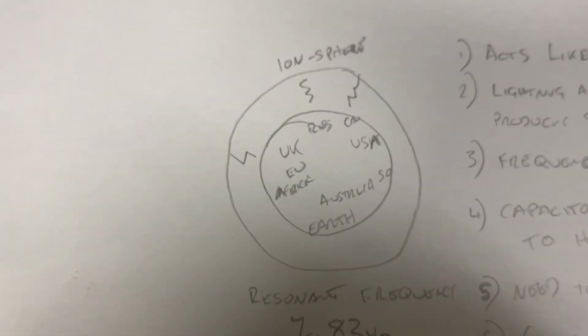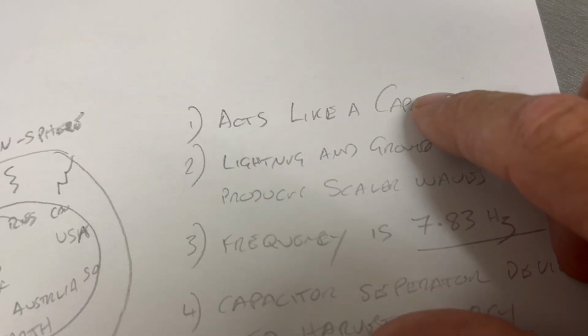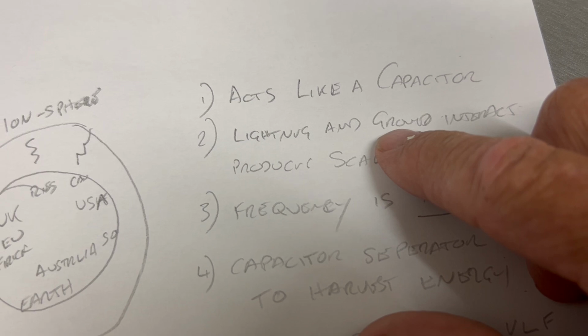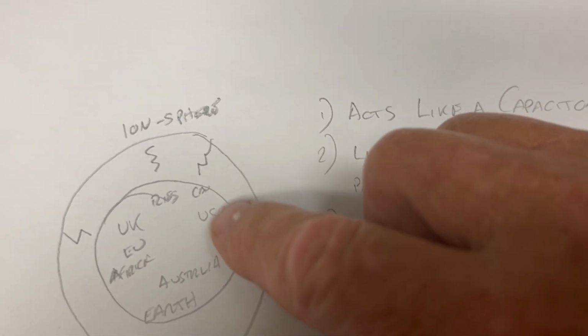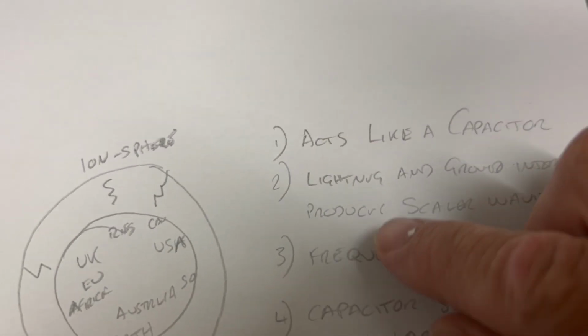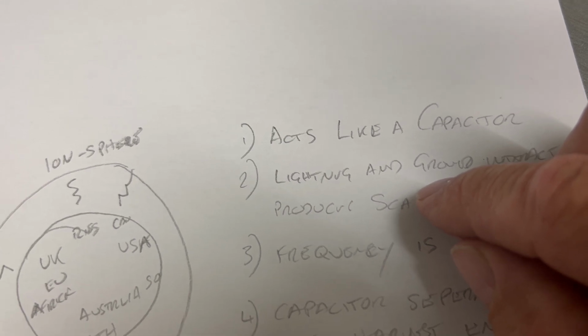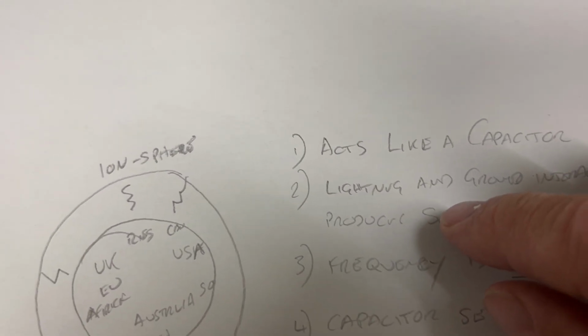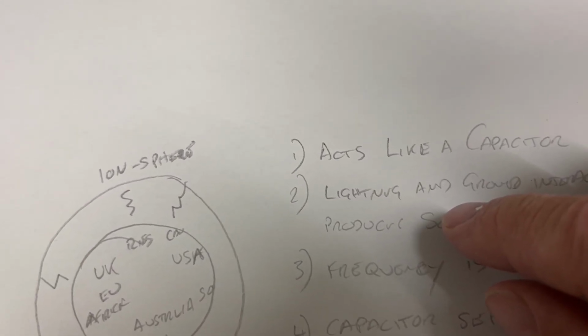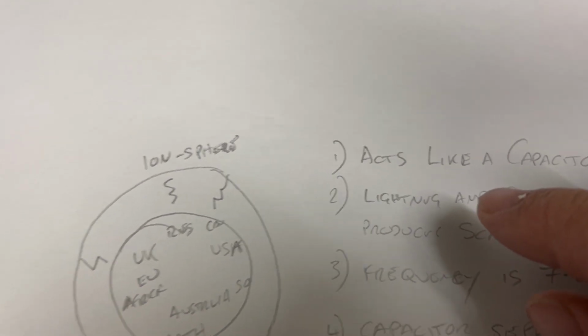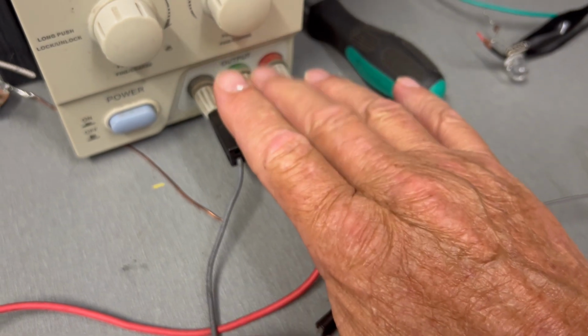So I come up with a whole system. I think you'll find it interesting. I'd love to get your feedback on it. So it acts like a capacitor. The lightning and the ground interact to make scalar waves, and the way that I approached it was that this earth here has to have a frequency.